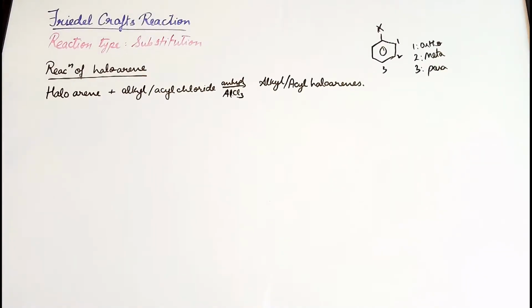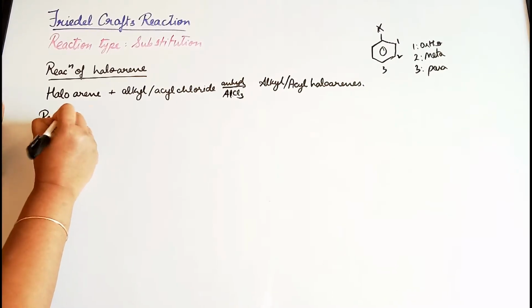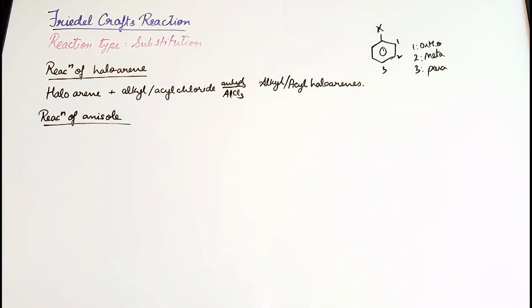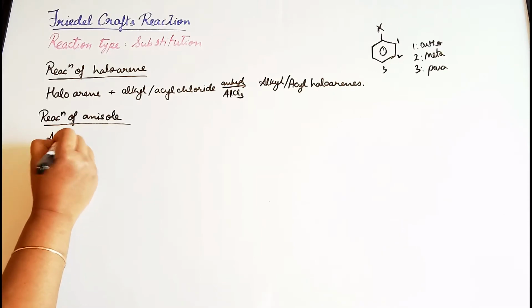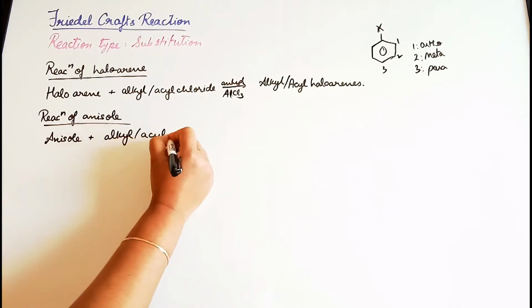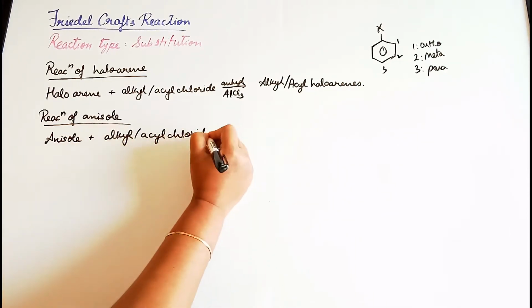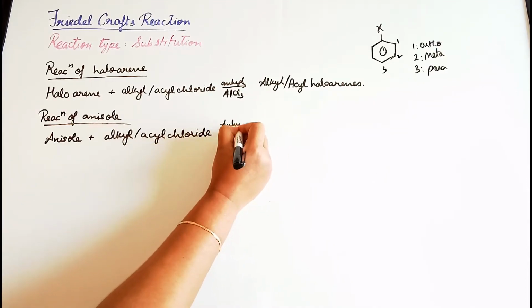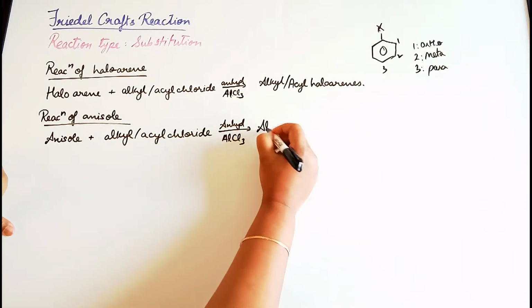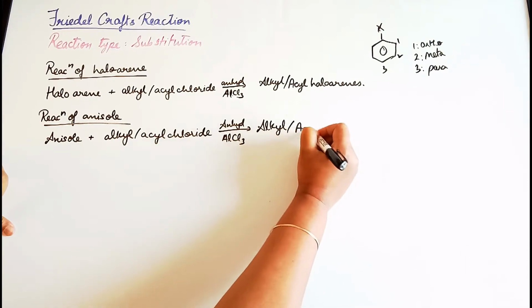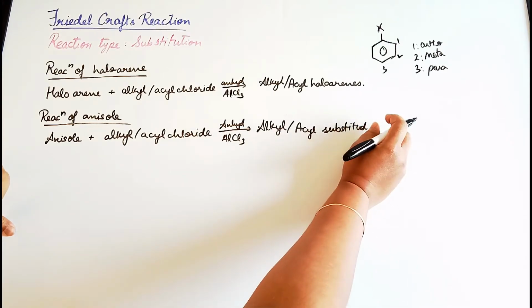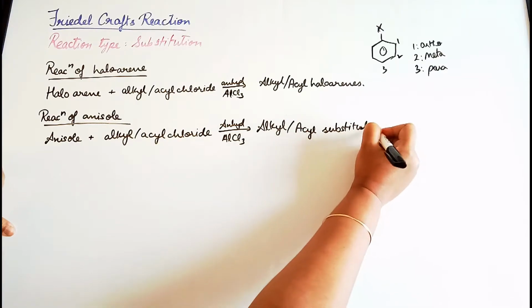So basically anisole will react with alkyl or acyl chloride in the presence of anhydrous AlCl3 as the catalyst, and you will get alkyl or acyl substituted anisole.